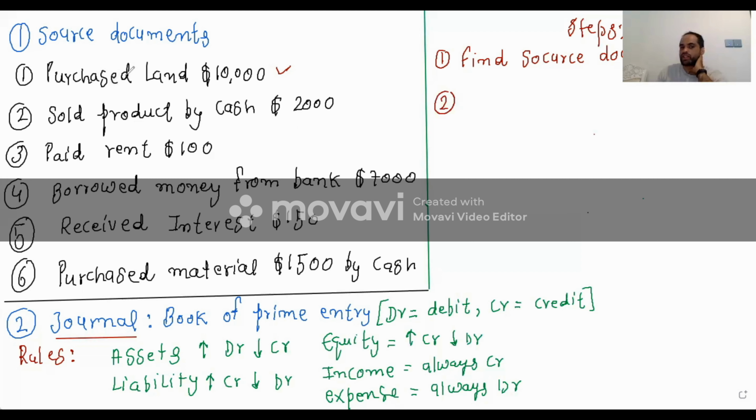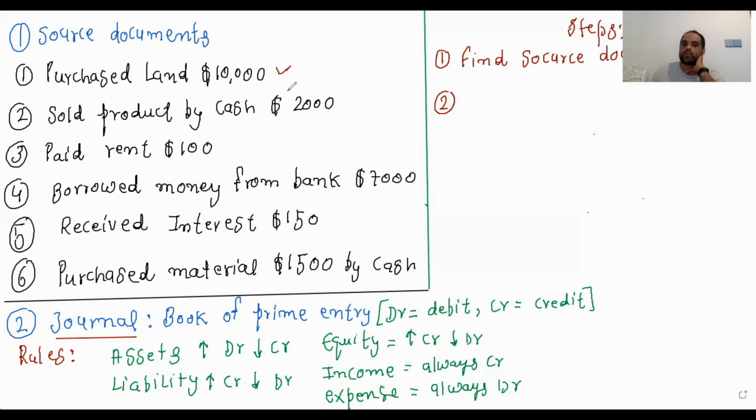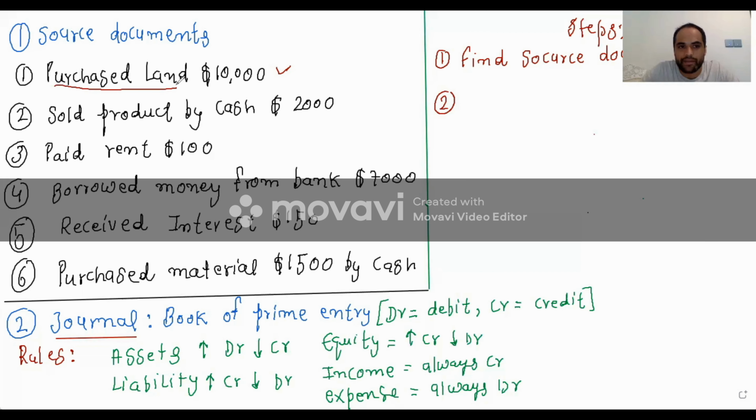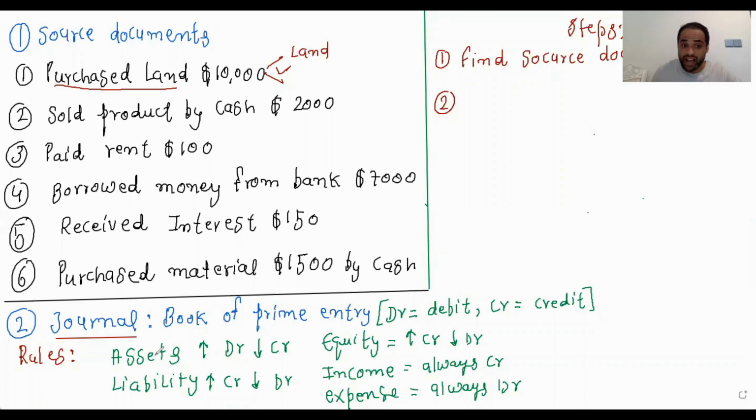If you have a look, purchase land, which accounts are affected in this purchase of land? Which items? Account means items. Which items are affected in this land? 2 items are affected. Which 2 items? One is land. Remember, when I say item, it means an item that comes under these 5 categories: assets, liability, equity, income, expense, nothing out of that.